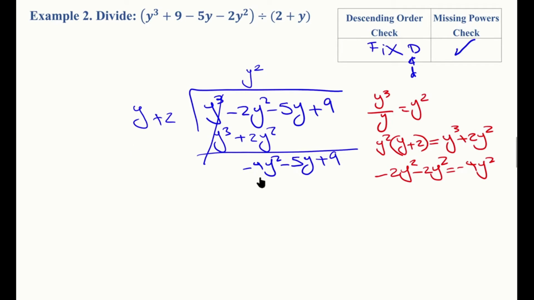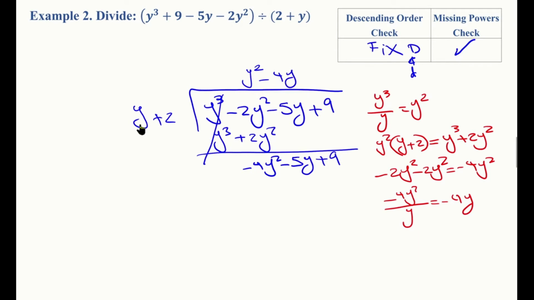Now, of course, we're going to repeat. So negative 4y squared divided by y. That gives us negative 4y. So we're going to write this negative 4y here. And now we're going to distribute.